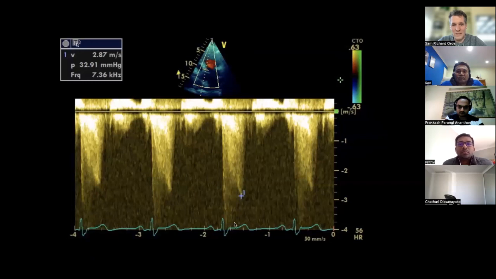I think aortic stenosis is not a bad call, but again, I was trying to get a little bit more. I think it could have been MR, but as you can see, it starts at the same time for both the obstructive gradient as well as the continuous wave Doppler trace.